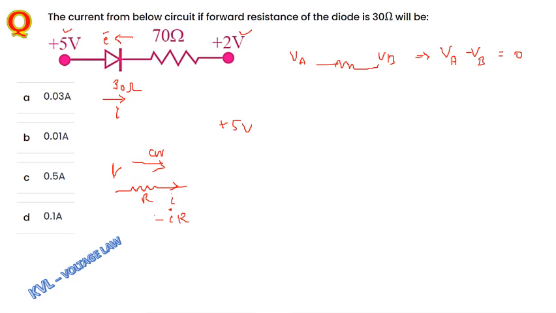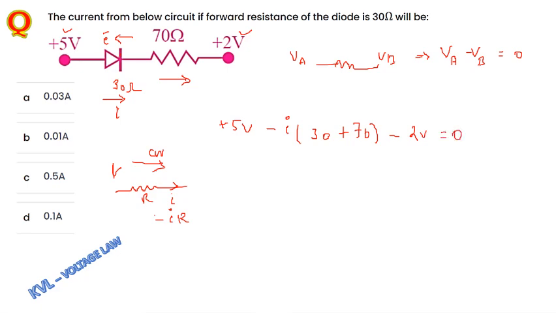Similar concept here. Now I am going to measure the potential difference in the current direction. So I mention minus of I into R. One is 30 ohm and the other is 70 ohm, both connected in series. So I mention minus 30 plus 70 into I, and VA here is minus of VB. VB here is minus 2 volt. That will be equal to 0.